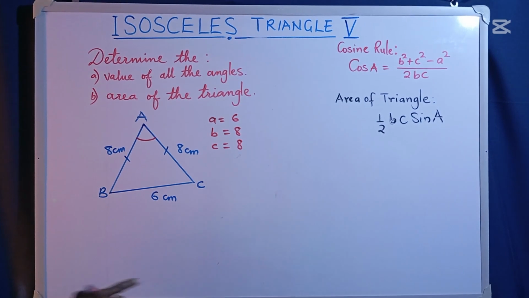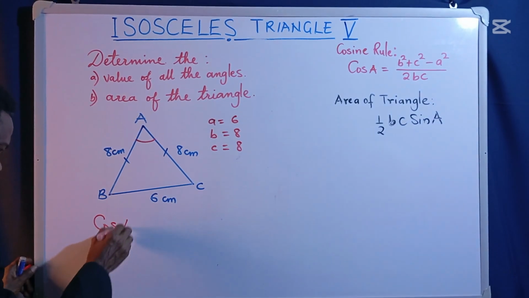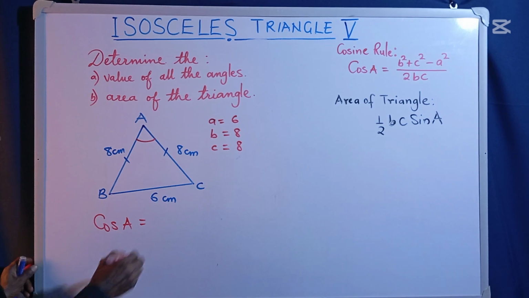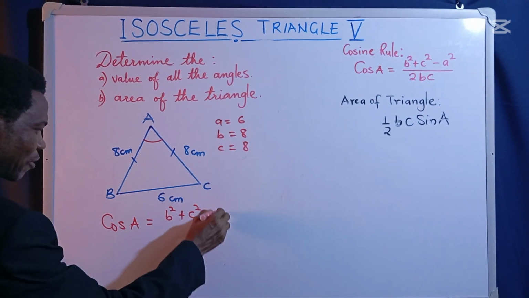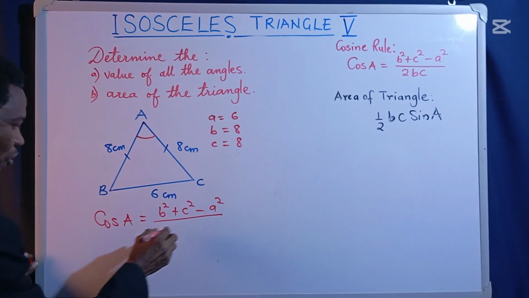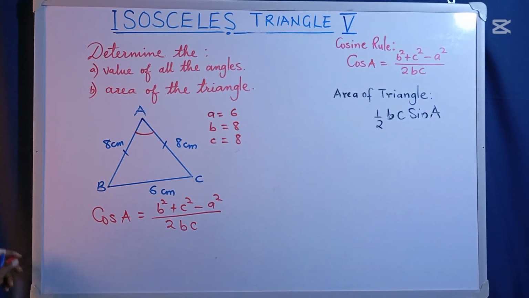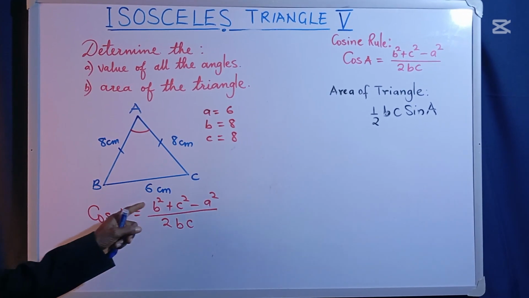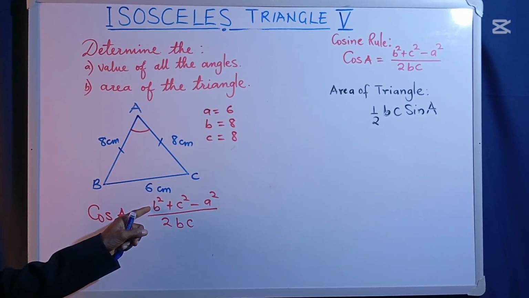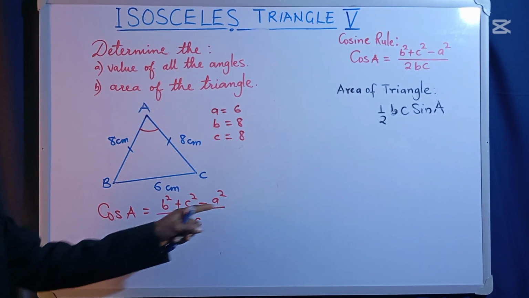So let's go ahead. I can bring in the cosine rule. We say that cos A is equal to B squared plus C squared, take away A squared, all over 2BC. Then if it is cos B, you start with A squared plus C squared minus B squared.